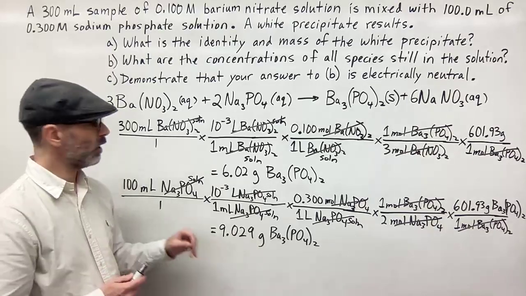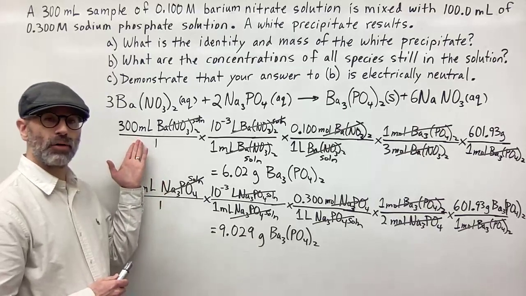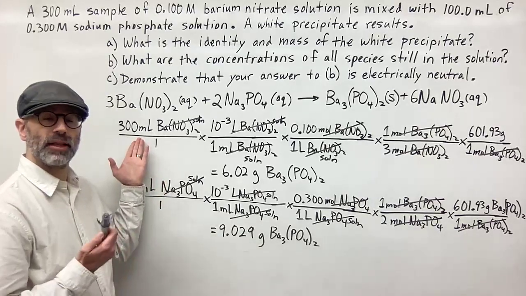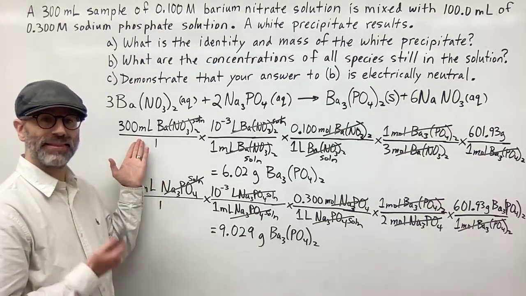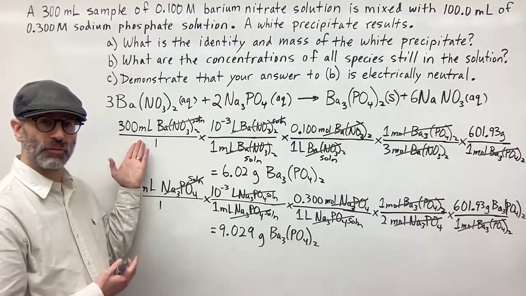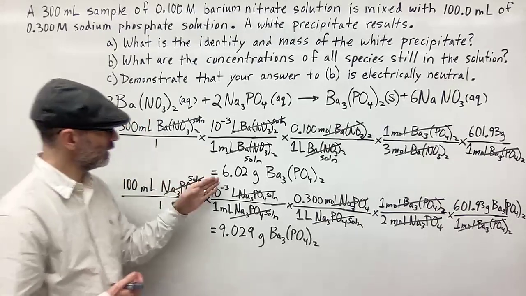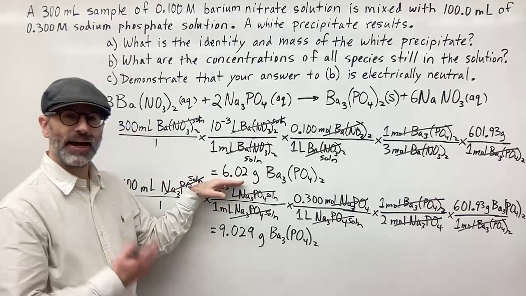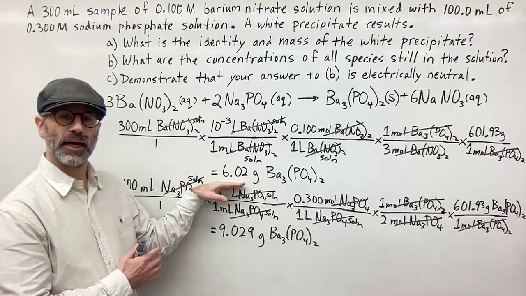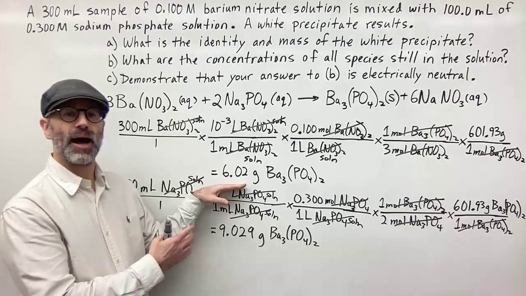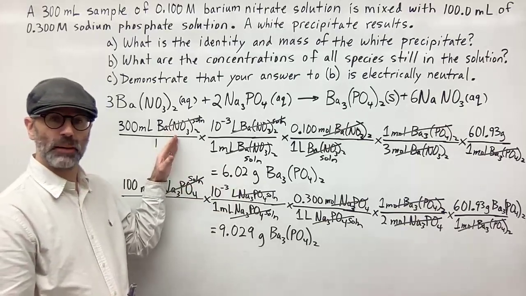Well, if the maximum amount of the barium phosphate that can be produced from 300 mils of barium nitrate is 6.02 grams, then that is the maximum you can get, right? You can't go beyond what this is able to give you.